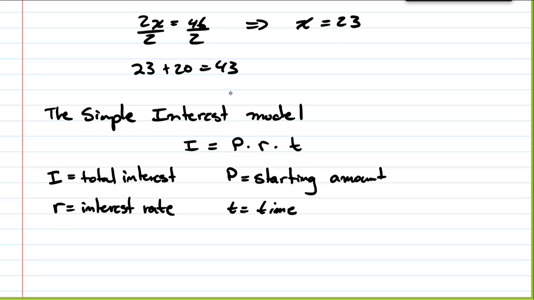So for our simple interest model, we have our total interest, our starting amount, our interest rate, and our time.